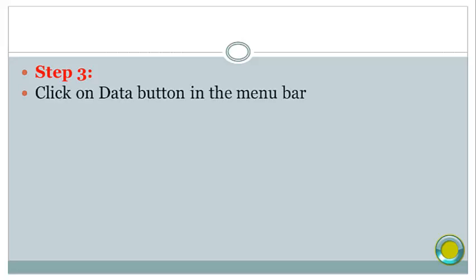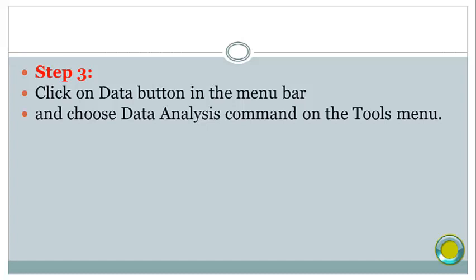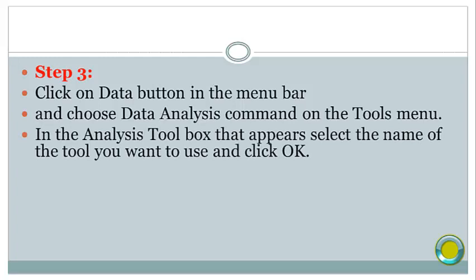Step 3. Click on Data button in the menu bar and choose Data Analysis command on the Tools menu. In the Analysis toolbox that appears, select the name of the tool you want to use and then click OK.